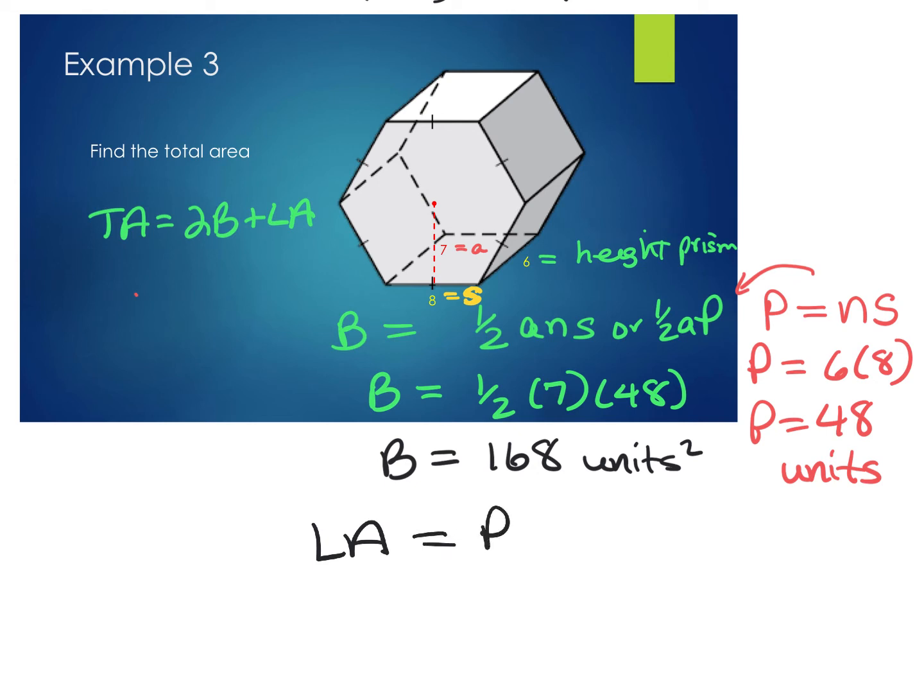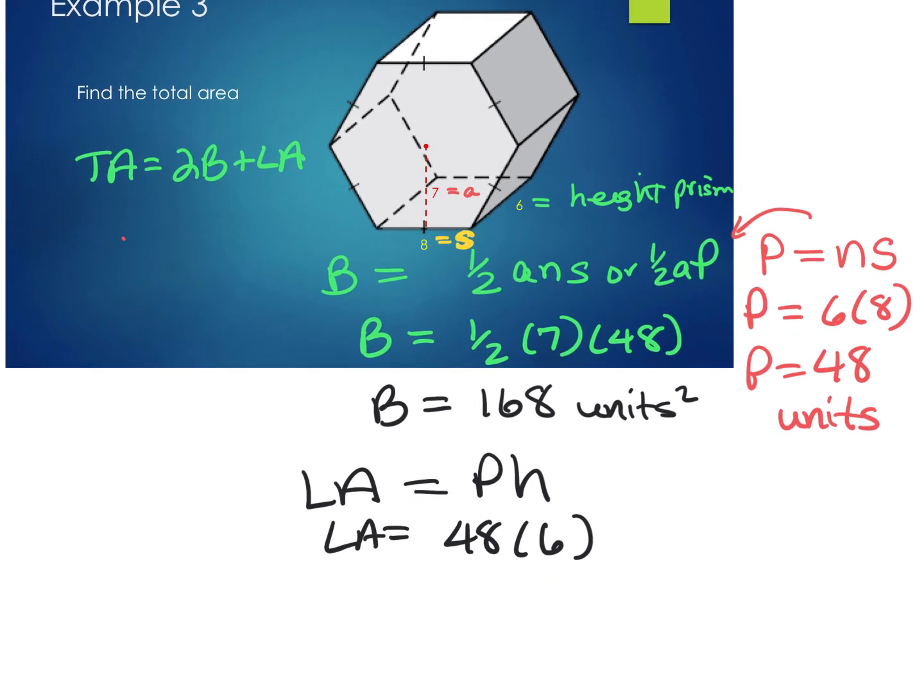Remember, it is perimeter times the height. I just found the perimeter to be 48, and the height of my prism is 6. So my lateral area is going to be 48 times 6, which gives me 288 for the lateral area.